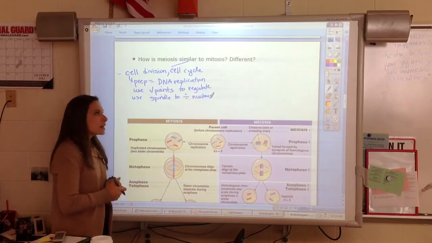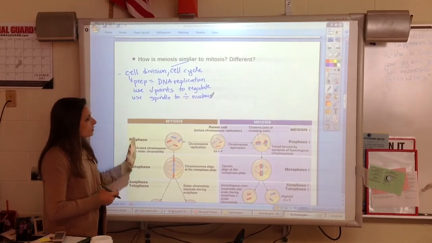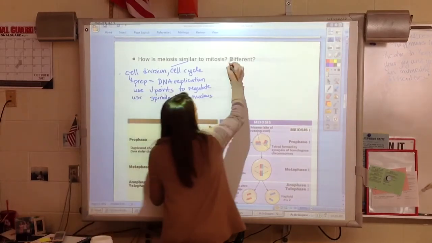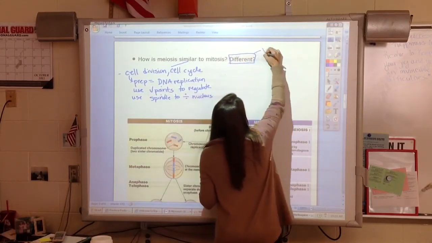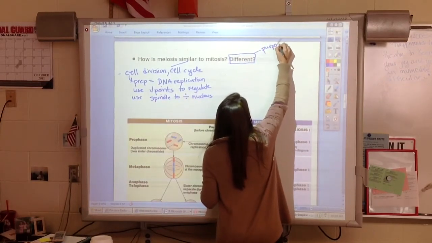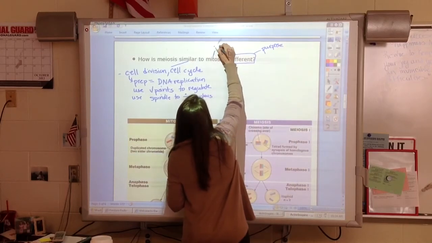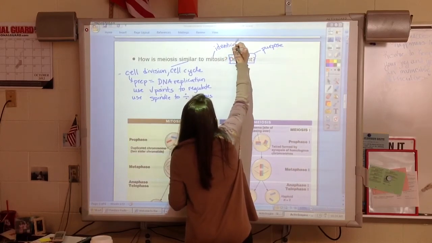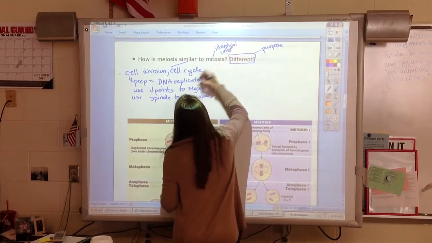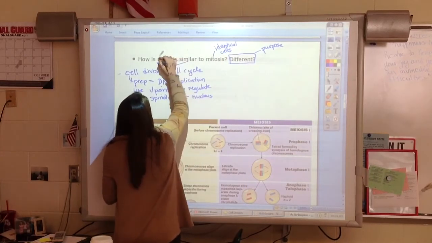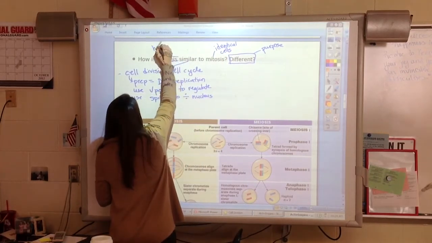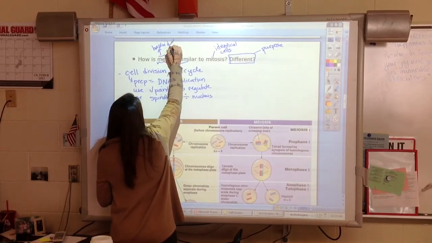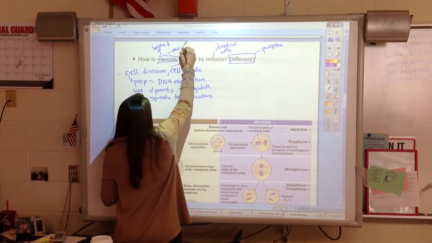But there are going to be some big differences between mitosis and meiosis. And what we want to keep in mind is the purpose. If we look at mitosis, the purpose is identical cells. If we look at meiosis, the purpose is to create haploid cells and to have variety.